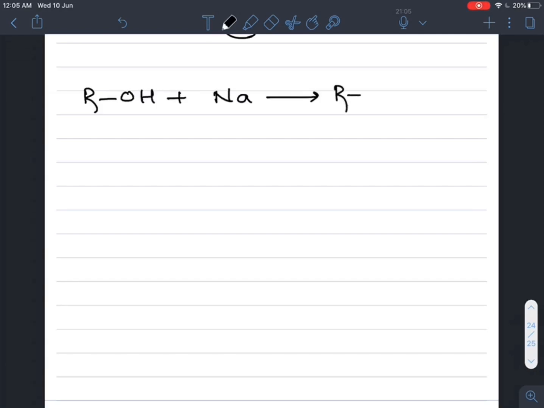We'll see the mechanism of how this reaction takes place in the next lecture or afterwards. To balance this reaction, we take 2 molecules of alcohol treated with 2 molecules of sodium to get 2 molecules of sodium alkoxide with the liberation of hydrogen gas.